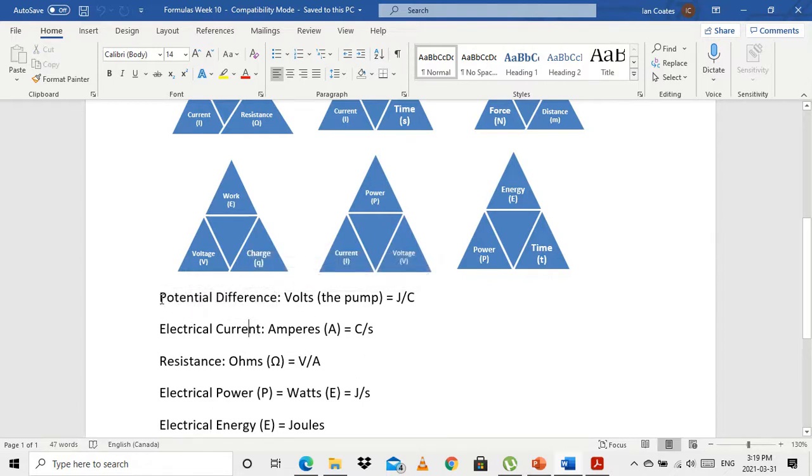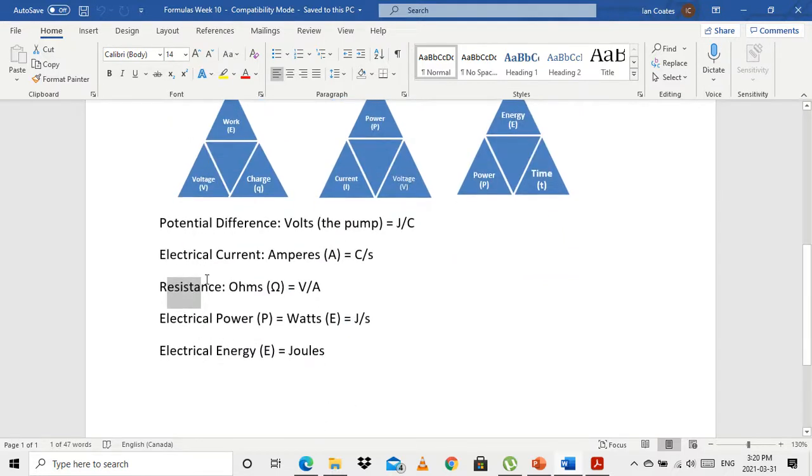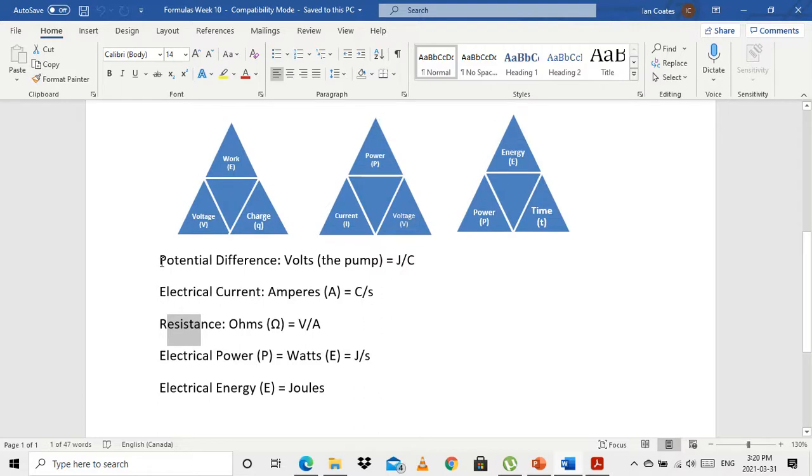If you see potential difference, it means I'm asking for the volts. If I'm asking for the electric current, I'm asking for I, which is amperes. Okay? Resistance. I've given you guys a little bit of help here because this is all new stuff, and I don't want to see you guys lose marks.